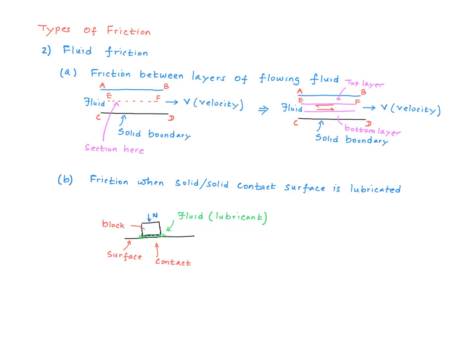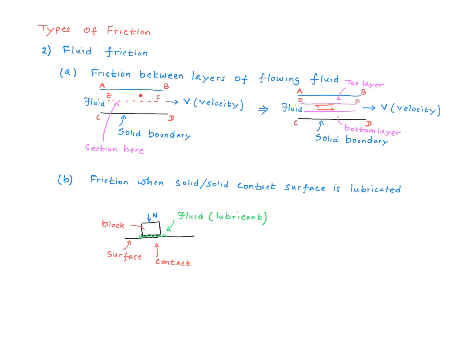When you take a course on fluids, you will learn that this velocity v is not constant across the height of the fluid here. It's actually zero right here at the interface between the fluid and the solid surface. The velocity increases as you go up, typically linearly. So you have the maximum velocity at the surface of the fluid.